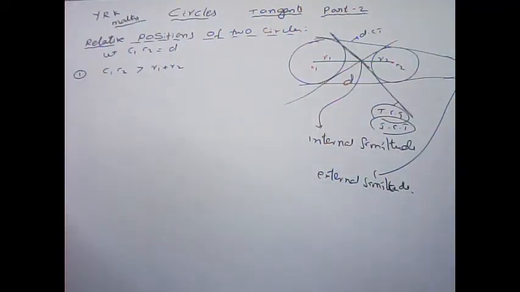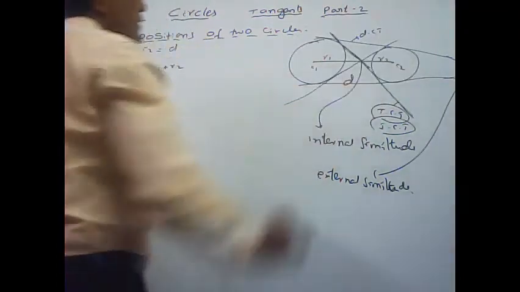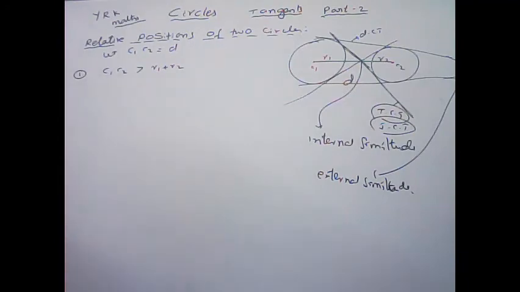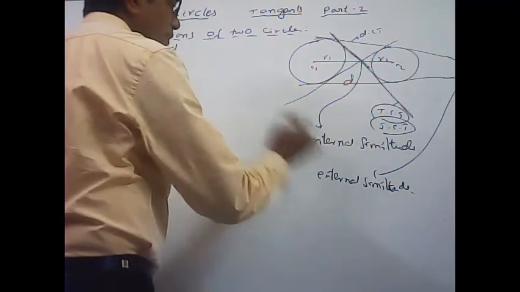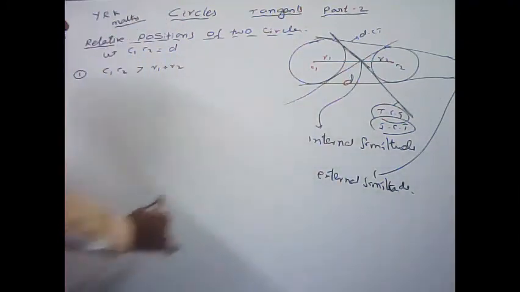The point of intersection of the transverse or indirect common tangents we say is the internal similitude. The point of intersection of the direct common tangents we say is the external similitude.